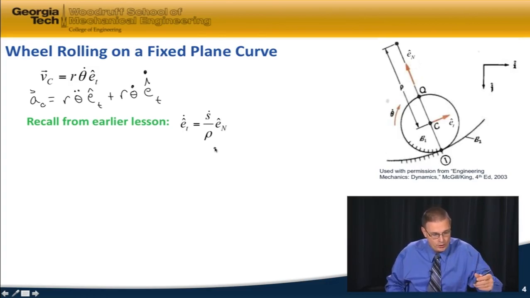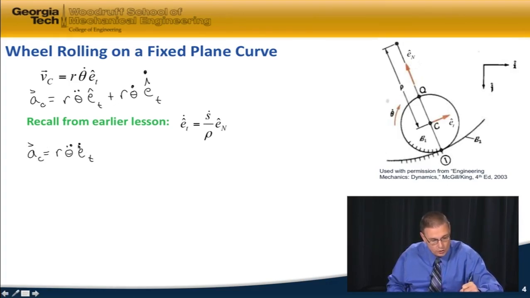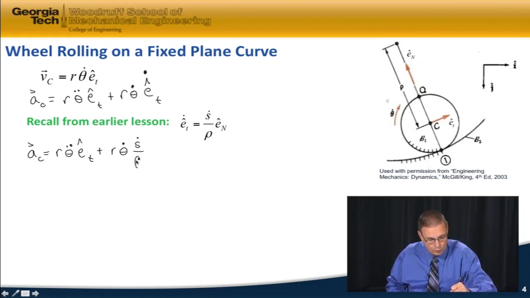So let's substitute that in. We have a of c equals r theta double dot e tangential plus r theta dot s dot over rho e normal.